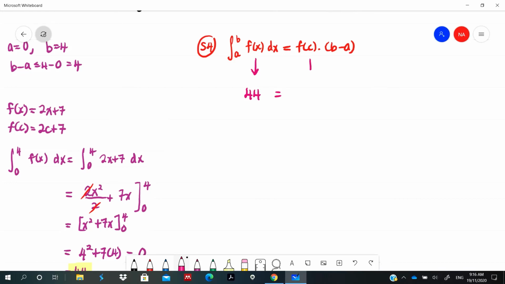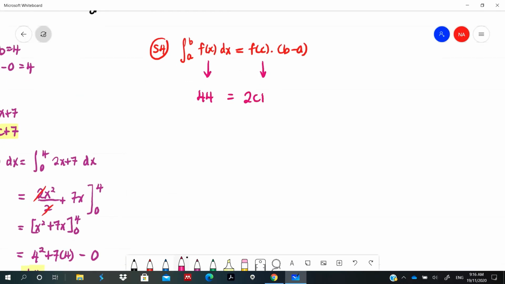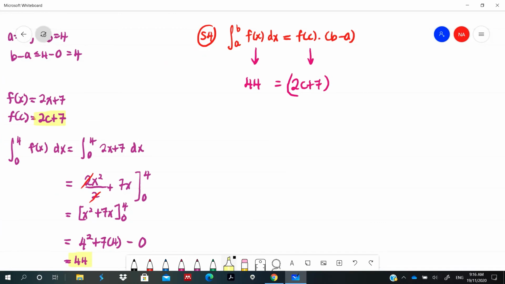This is equal to f(c), which is 2c plus 7. Please put it in brackets because we have b minus a, which is 4. We have to multiply by 4.